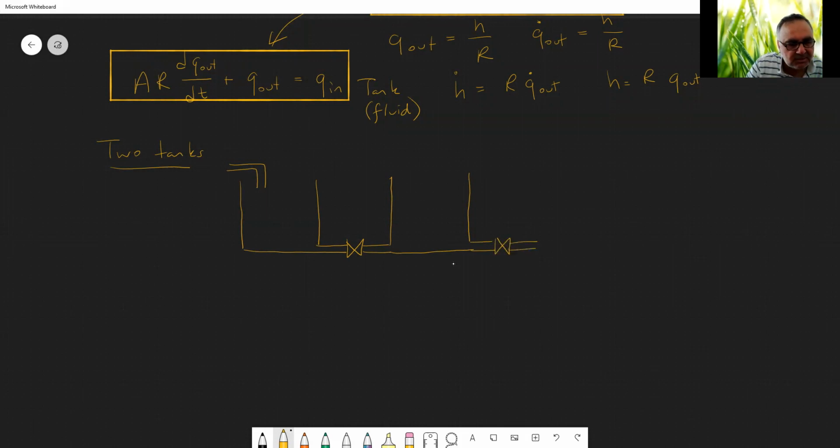And then in the second tank, there is a flow going out. This is Q in. Q in comes to the first tank. It might have come to the second tank as well. This is H1. This is H2. It has an area of A1. This has an area of A2. This is R1. This is R2. And this is Q.